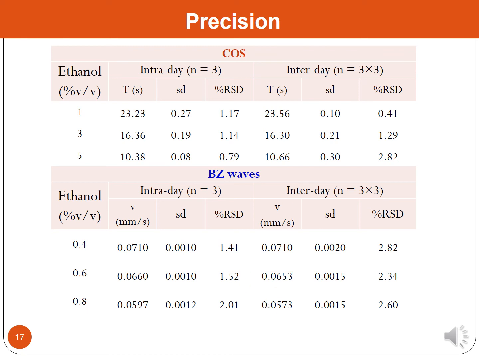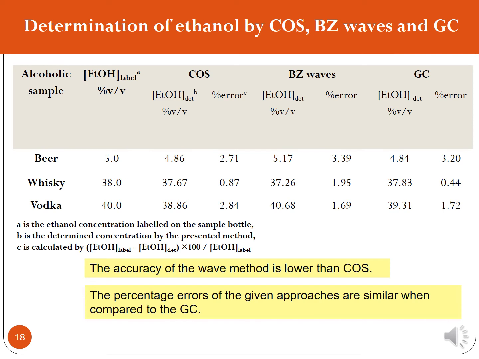We used three methods, COS, BZ wave, and GC, to determine the ethanol concentration in three types of alcoholic drink: beer, whiskey, and vodka samples.